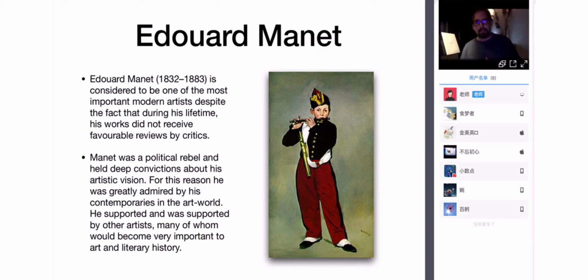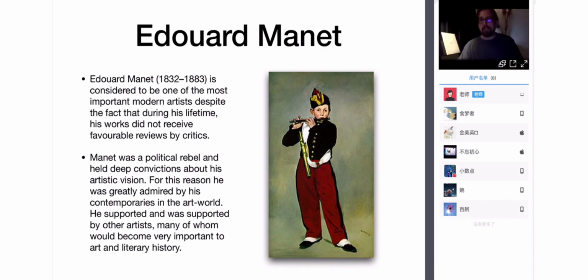He was a political rebel, obviously disdained by the ruling class, and he had deep convictions about his artistic vision. So he saw his art not only as a way of expressing himself artistically or journalistically capturing the world around him, but he also had some ambition to reform or critique society according to his political philosophy.